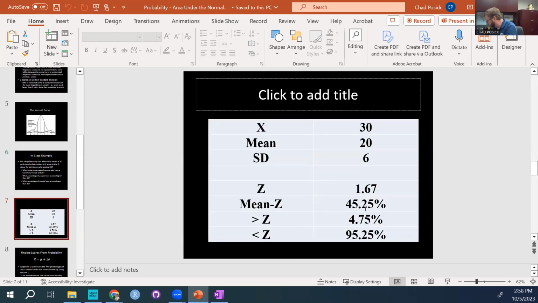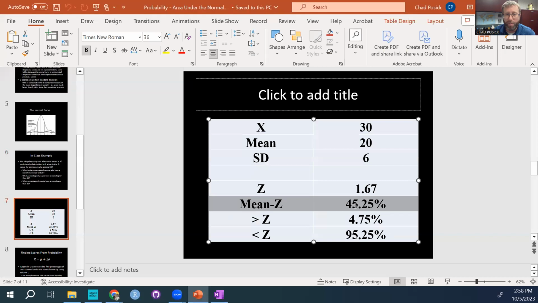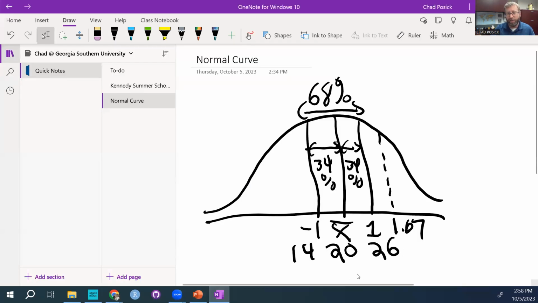The first is that we need to look, so this is between the mean and z. So how many people are between the mean and that z-score that individual got? If I come back here, I'm looking at the mean here and that individual score. So right in here, what percent of people fall in between the mean and that z-score? So it's that shaded spot right here.